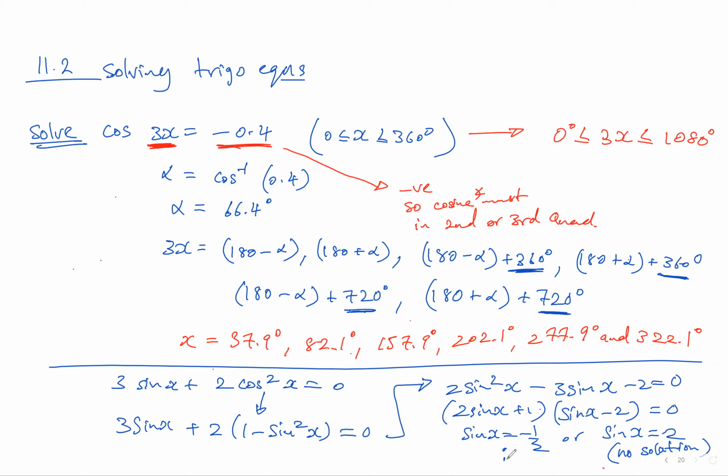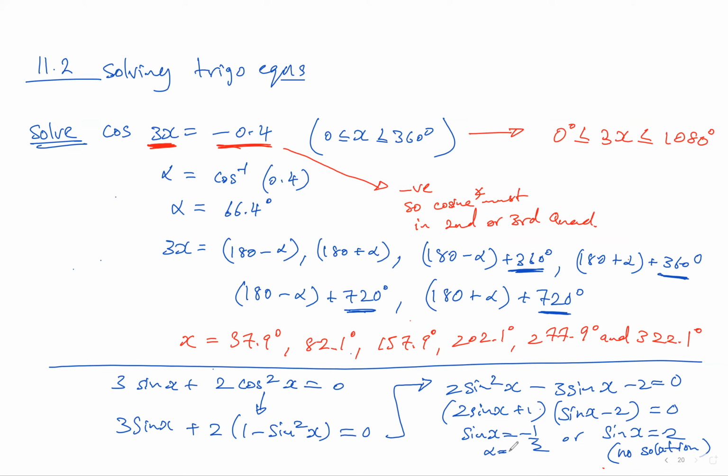This one you can go on to find, but find your basic angle first. The basic angle is 30 degrees, but because it's negative, it's in the second and third quadrant. Sorry, third and fourth quadrant. Third and fourth quadrant. Let me write down, I'll see whether I can squeeze in some space here.